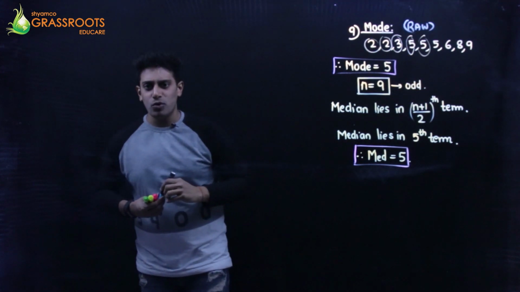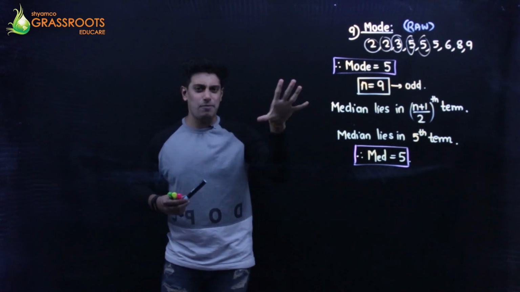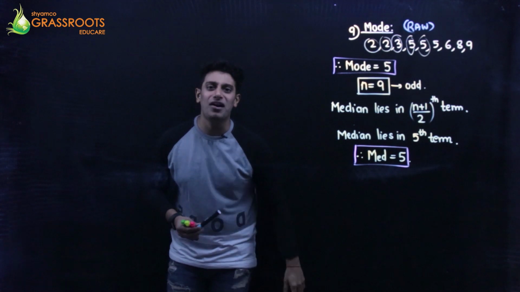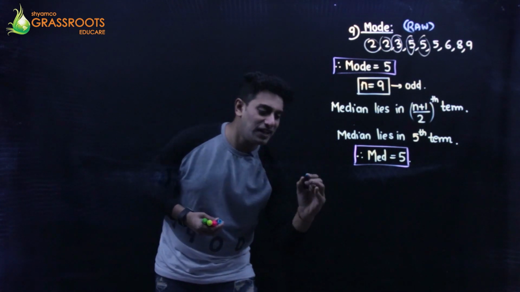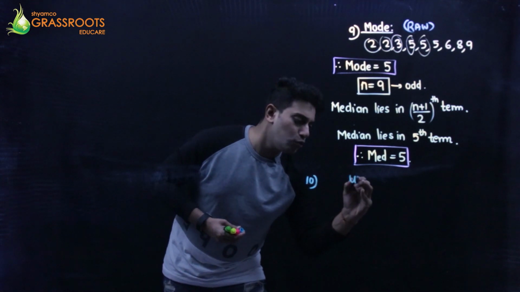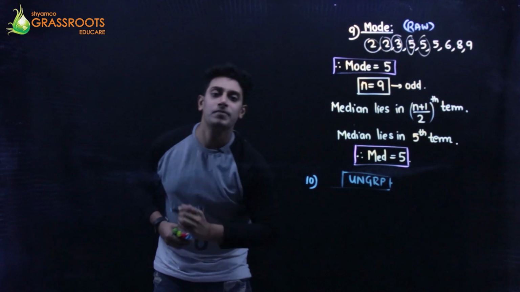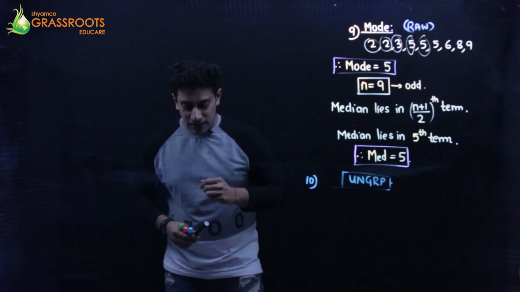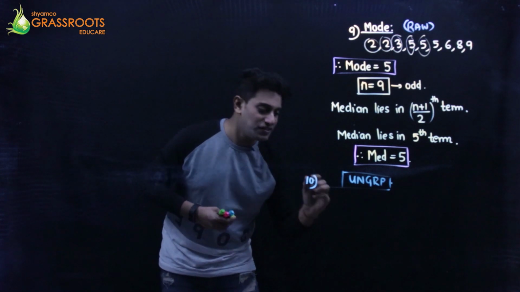Now, if I talk about ungrouped data in which X and F, a tabular format is given, how to find the mode? Very simple again. I'm writing the question, that's question number 10 for y'all. Ungrouped data. The question number 10 is height is given and frequency is given.